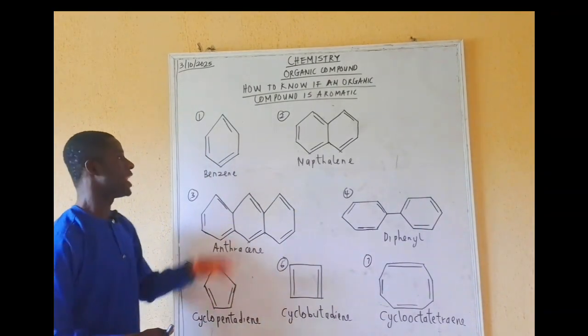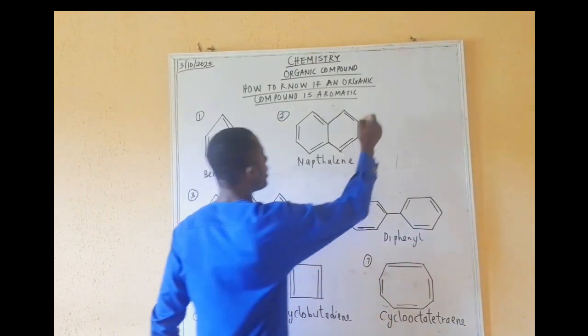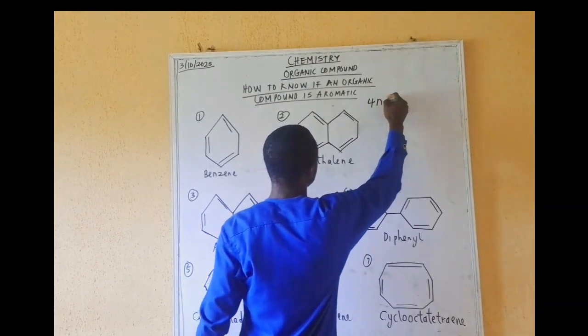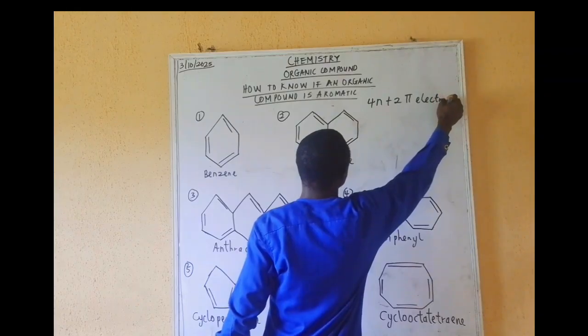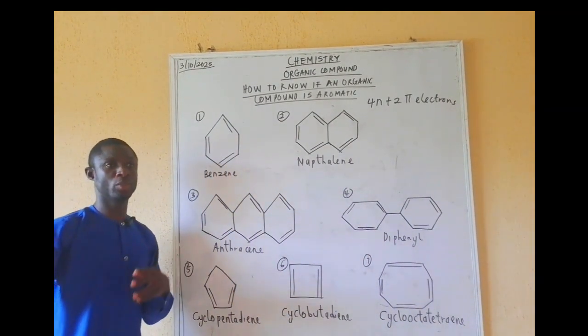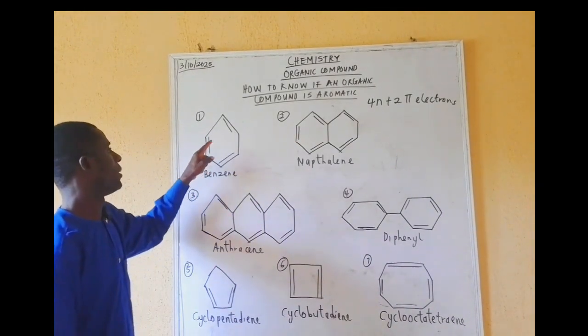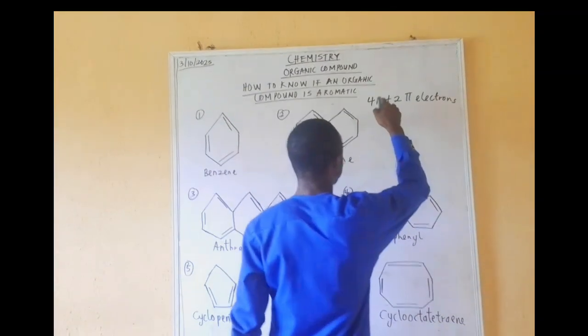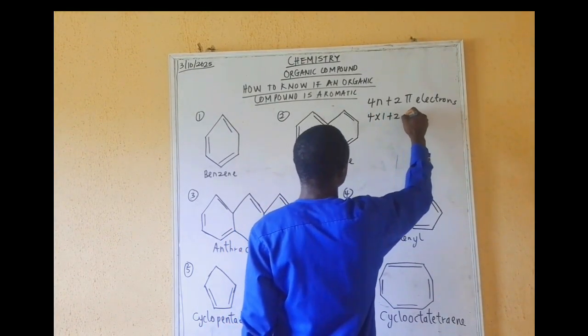Let's look at, does it obey Hückel's rule? That is 4n plus 2 pi electron. So now I said our n can be 0, 1, 2, 3, 4, 5, 6. So if we install 1 in this formula in benzene, we are going to have 4 times 1 plus 2. That will give us 6 pi.